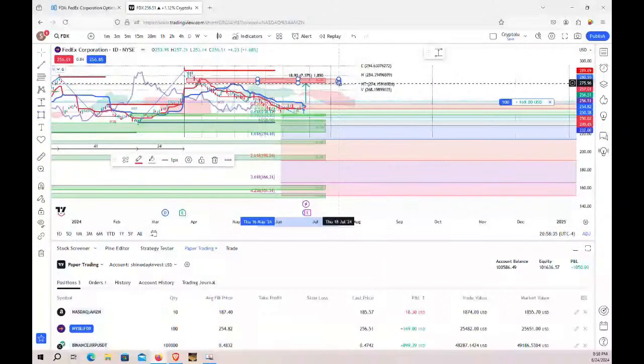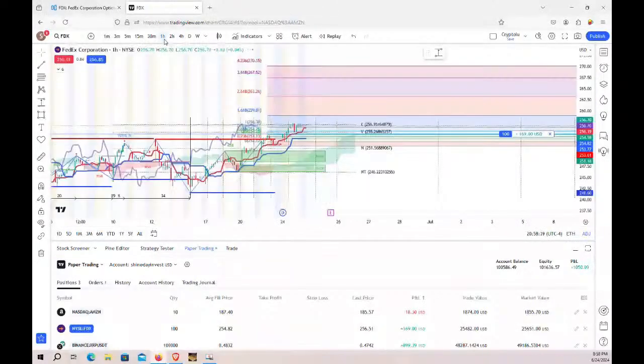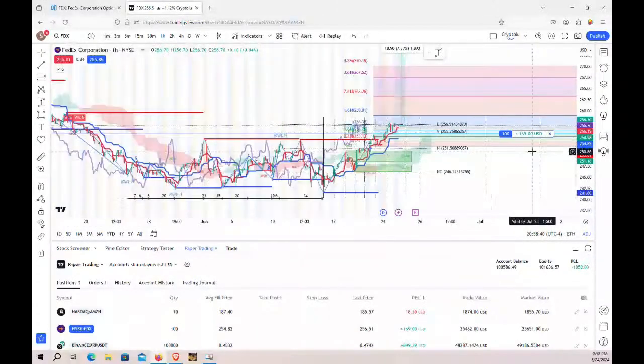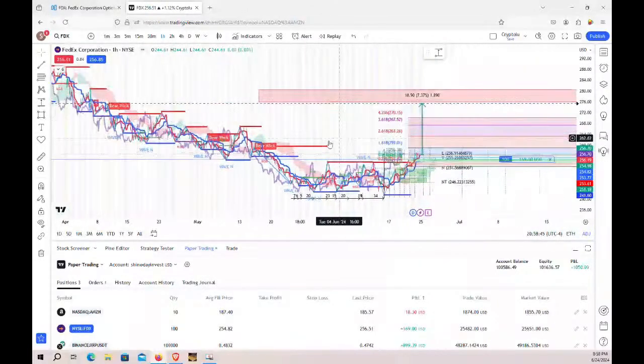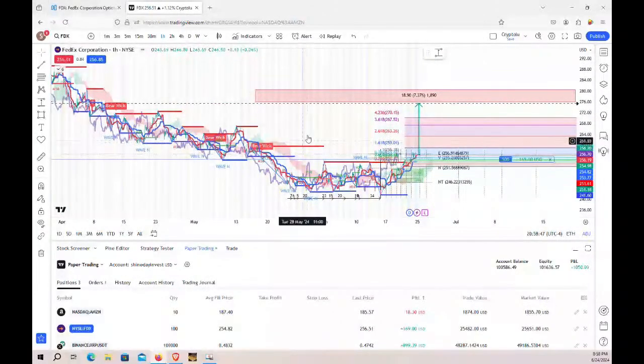So I have to see tomorrow how the stock behaves. What was the behavior of the stock? Well, as you can see, you're going to break a lot of resistance at that price to move all the way up, to make anything happen.